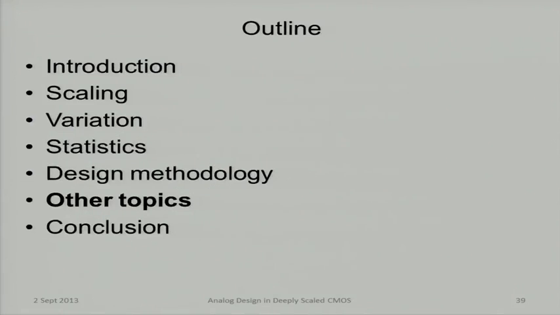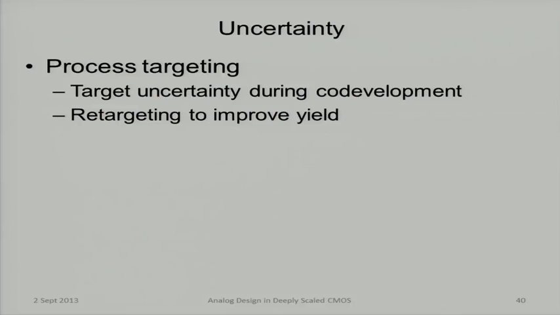And then just a couple other topics I figured I would throw in is uncertainty. We've heard people talk about some types of uncertainty already. Process targeting. When I'm co-developing my design and my process, there's going to be uncertainty because the device engineers may not be perfect in pointing out where the transistor lands.